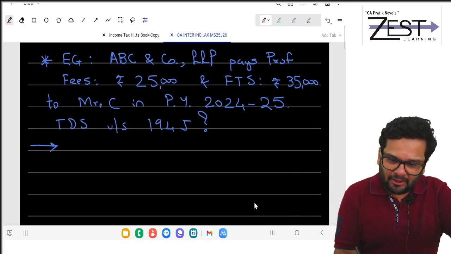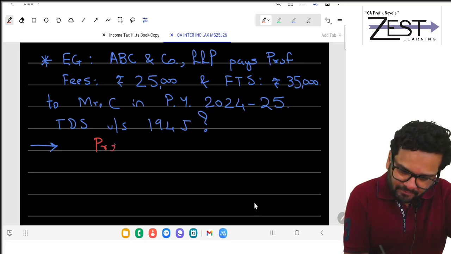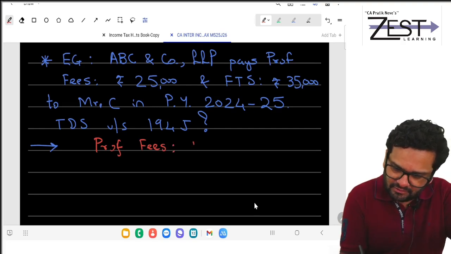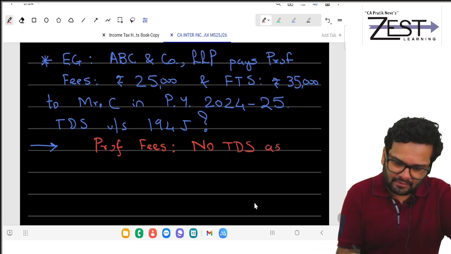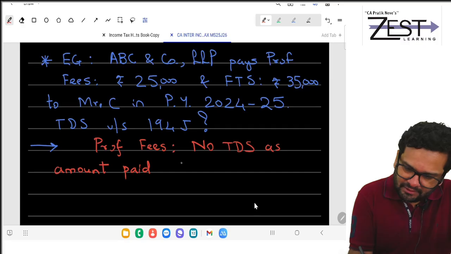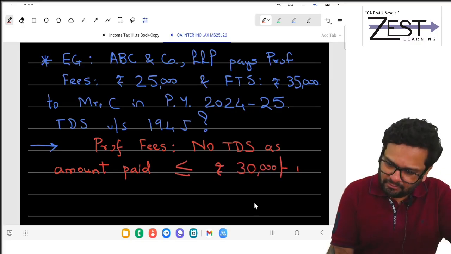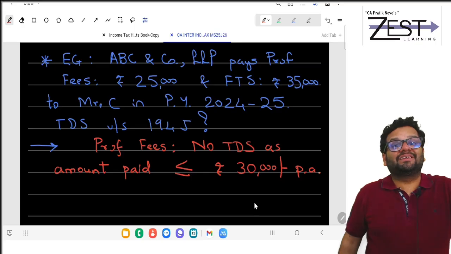So see, for professional fees, no TDS. Why? As amount paid is less than or equal to rupees 30,000 during the year.